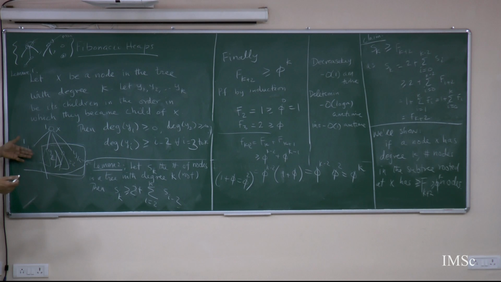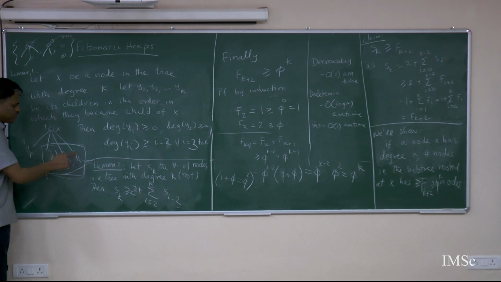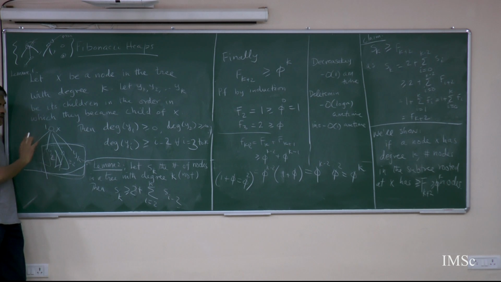Now we look at the children in the order in which they became attached to x. If you look at yi, at that time, not now, at that time when it was attached to x, its degree must have been at least i minus 1, because the consolidate operation will merge things only if the degrees are the same.